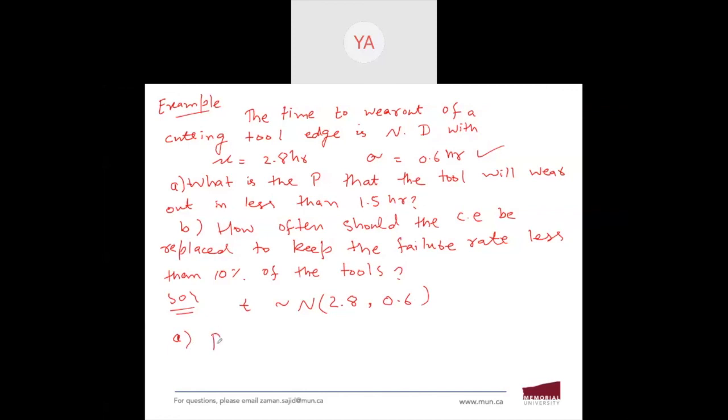So we need to find the probability of t less than or equal to 1.5 hours. By definition, this is equal to your CDF at the value of 1.5, and this is also your phi of z.